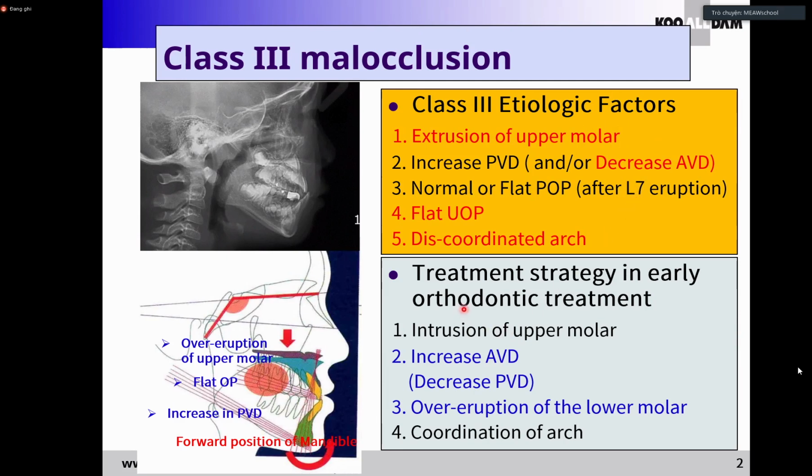And so the treatment strategy in early orthodontic treatment, intrusion of the upper first molar and increase anterior vertical dimension and over eruption of the lower first molar, and also coordination of upper and lower arch. Among these, this time we'll discuss factors 2, 3, and 4.